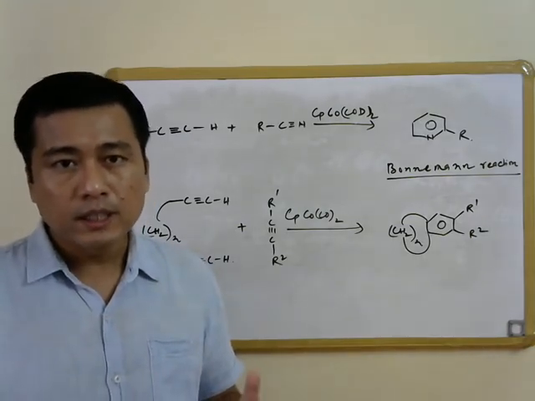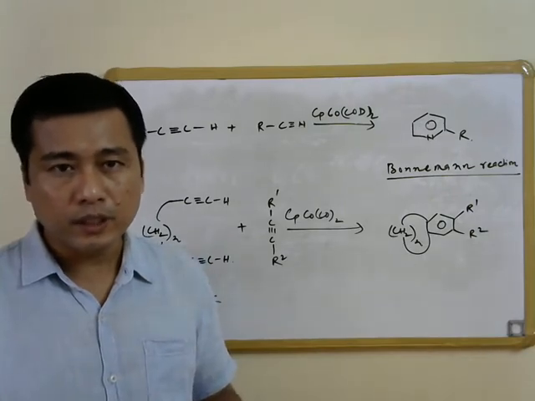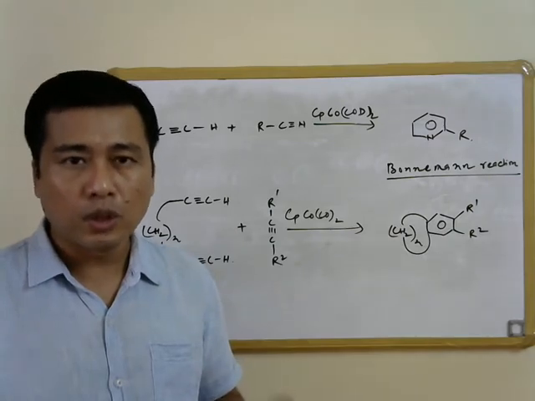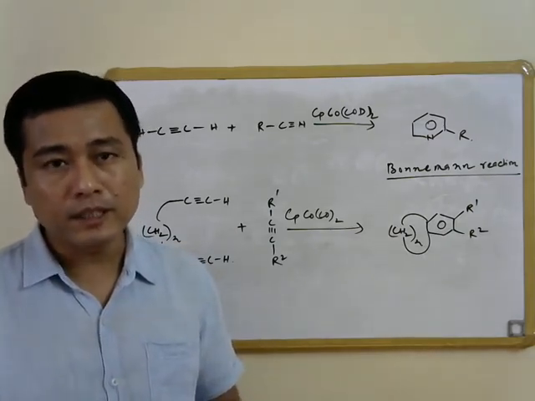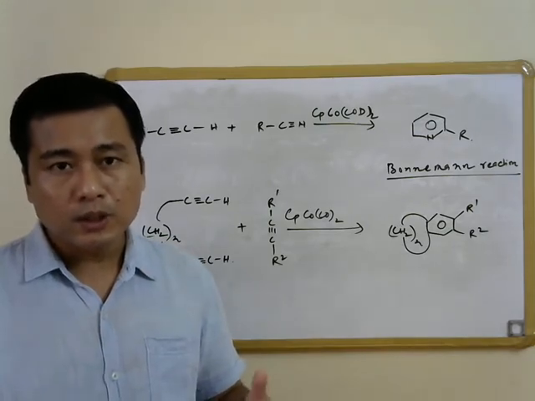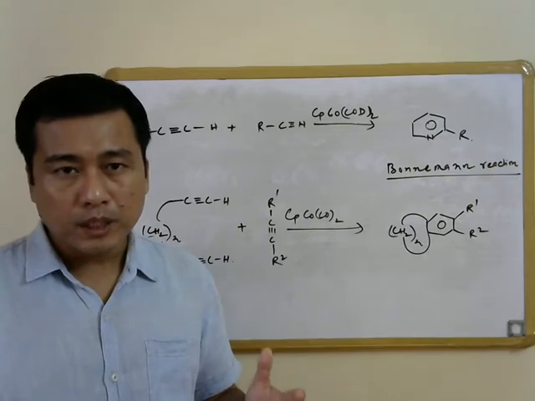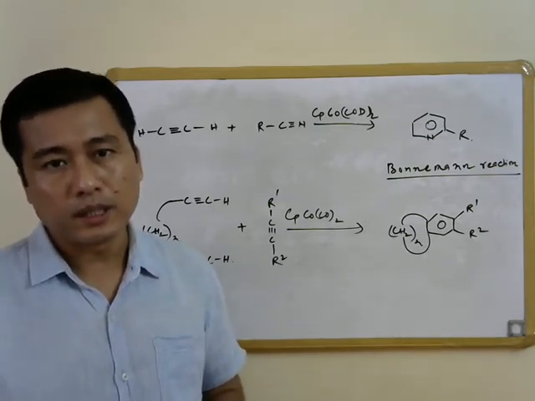And also the CC stretching vibration can act as a benchmark to find out which particular canonical form of the metal alkyne complex is more relevant. As the CC stretching vibration decreases substantially, we can see that the metallocyclopropene canonical form is more relevant.